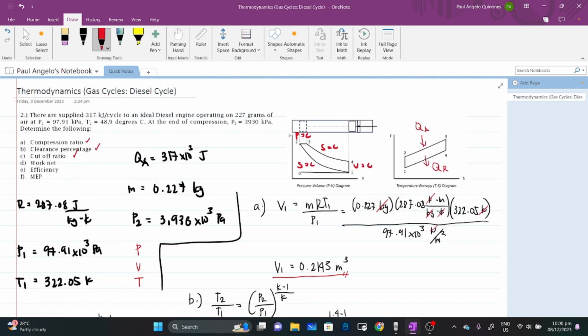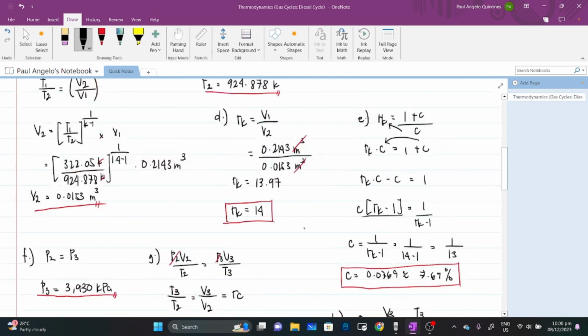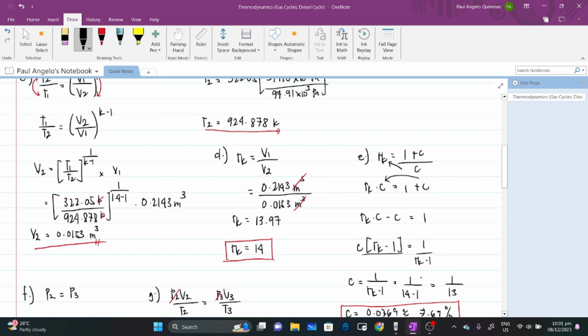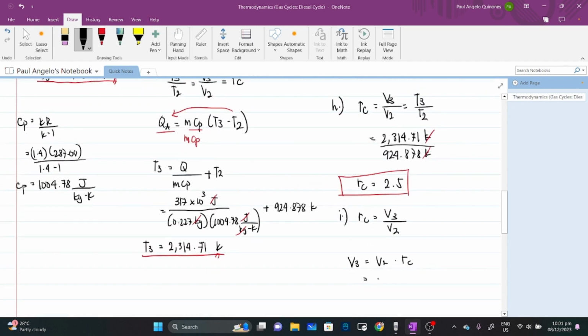Okay, we can solve already for V sub 3 because cutoff ratio is V3 over V2. Therefore V3 is equal to V2 times the cutoff ratio, where V2 is 0.0153 times RC, which is 2.5.